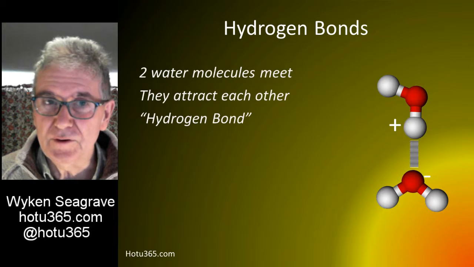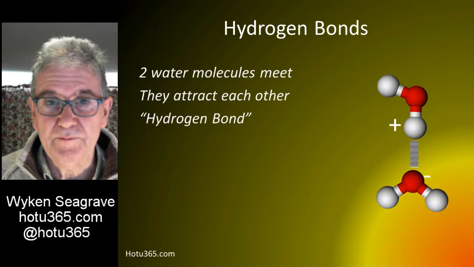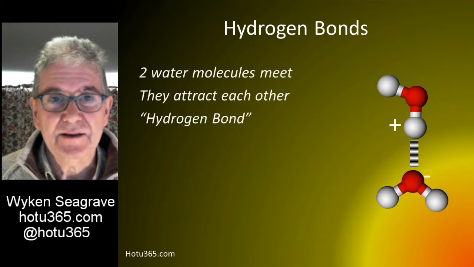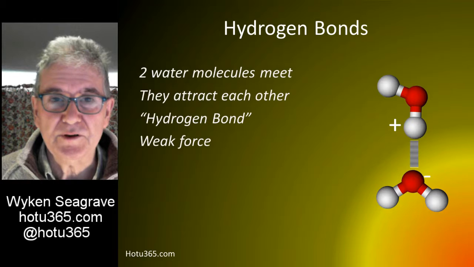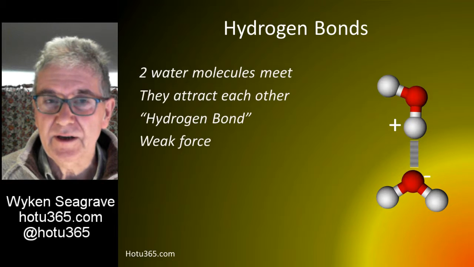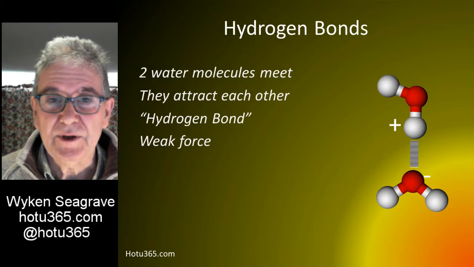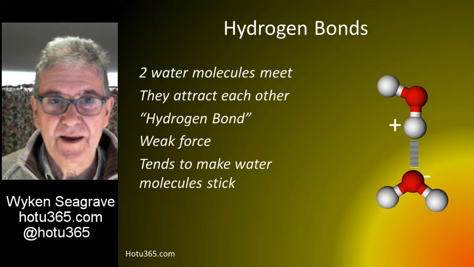And this force holds them or pulls them together. It's called a hydrogen bond. It's a weak force, much weaker than the covalent bond and even weaker than the ionic bonds, but it still tries to pull the molecules together.